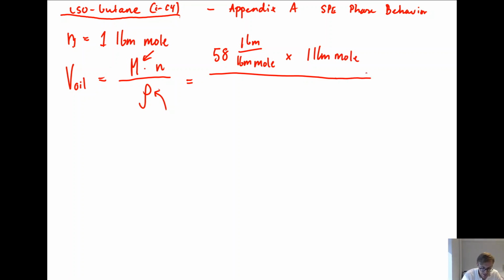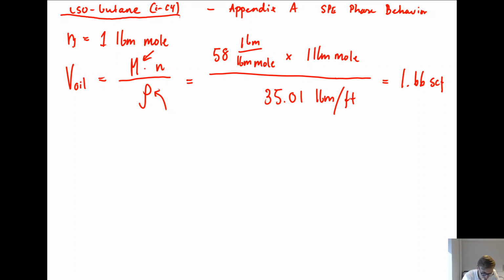And then the density of that, if in the liquid phase, we know that's also in that table, and the value for that is 35.1 pounds per cubic feet. Okay, and if we do the math here, we come to a number that's 1.66 scf.